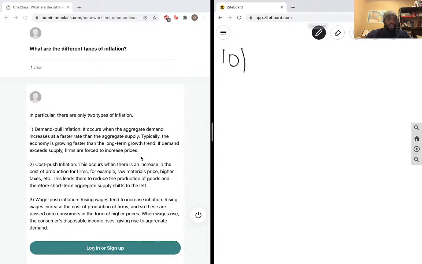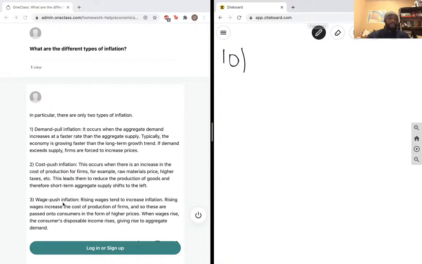And third, we have wage push inflation. Rising wages tend to increase inflation. Rising wages increase the cost of production of firms, and so these are passed on to customers in the form of higher prices. When wages rise, the consumer's disposable income rises, giving a rise in aggregate demand. So there are two types of inflation, demand pull and cost push.